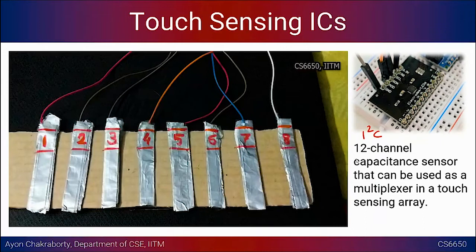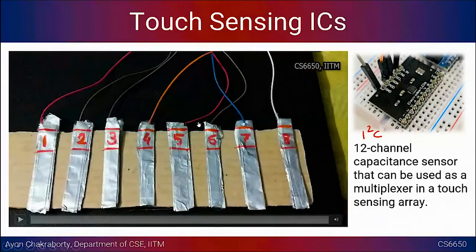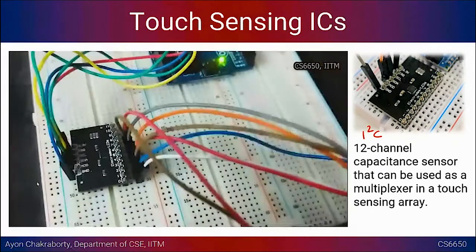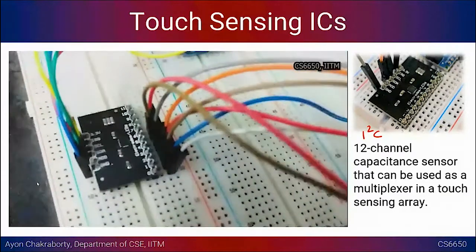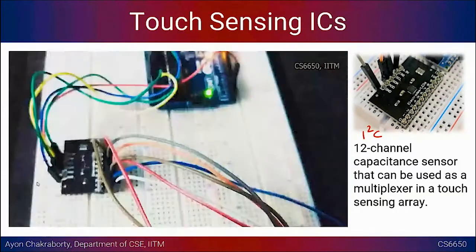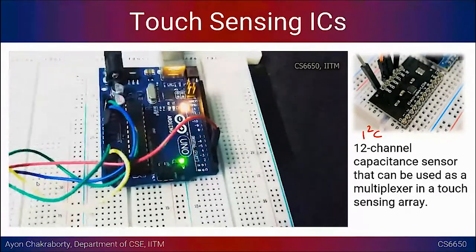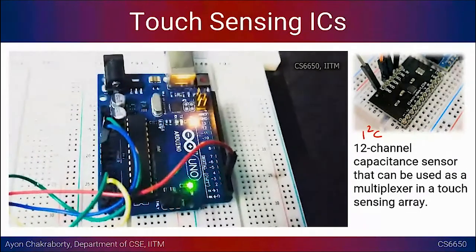You can get all the values from these 12 different sensing pins, and all the sensing pins could be interfaced with 12 electrodes, or 12 basically touch points. And you can choose one of them that you are interested in. This example I showed you in the very first or second class, where I had a game implemented where I want to interact with some of the blocks that are being shown on a computer screen.